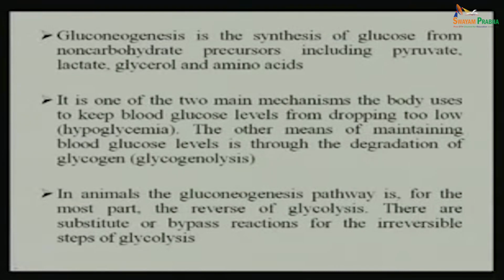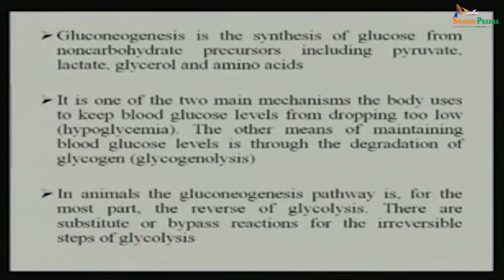In animals, the gluconeogenesis pathway is for the most part the reverse of glycolysis. There are substitute or bypass reactions for the irreversible steps of glycolysis. What we have learned in glycolysis is that glucose is converted to pyruvate, but here pyruvate is one of the precursors for gluconeogenesis.